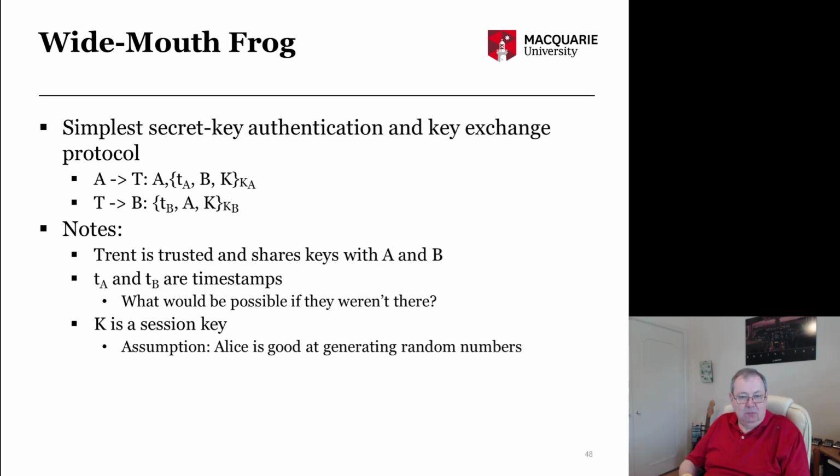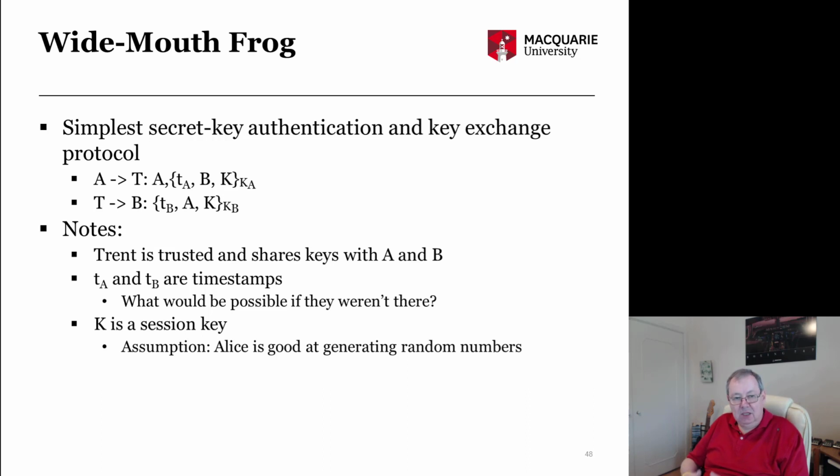And so he decrypts those encrypted components. He finds the timestamp, okay, checks that it is a recent timestamp. He then looks at the name of the party she wants to talk to, which is B, and he takes out the key, K.